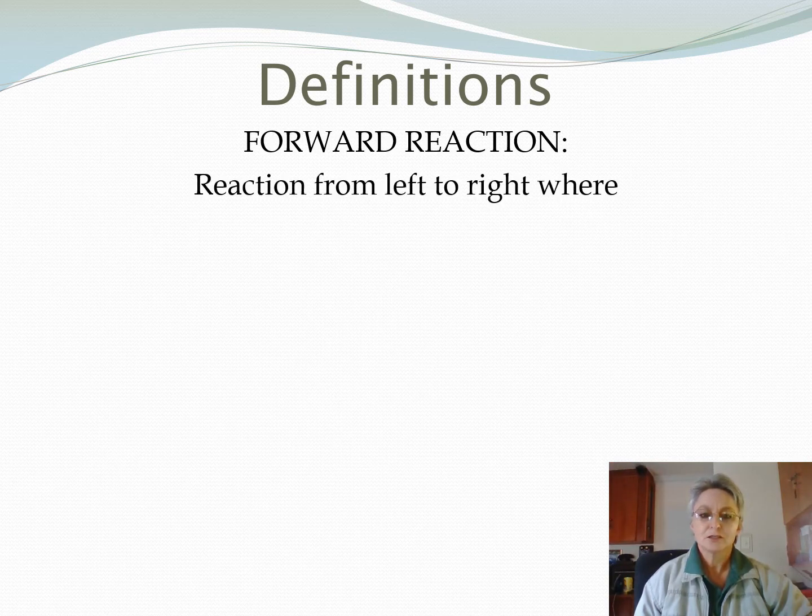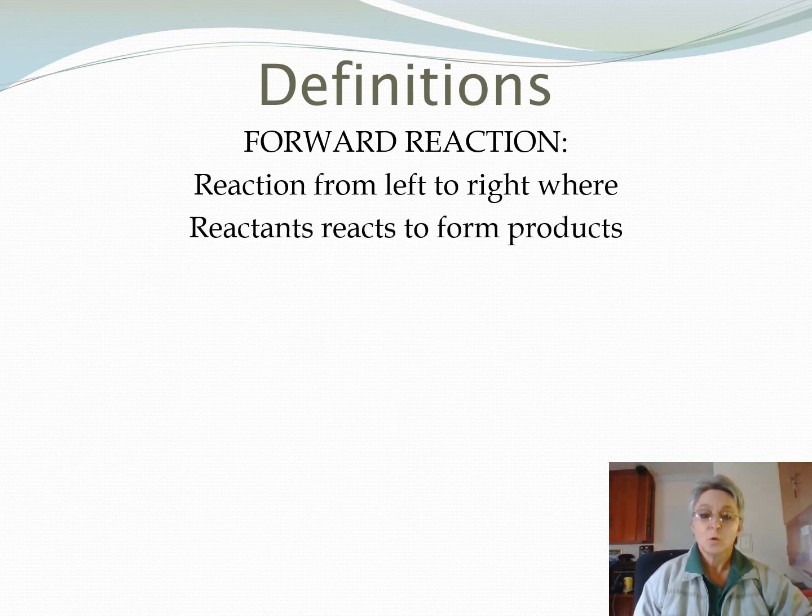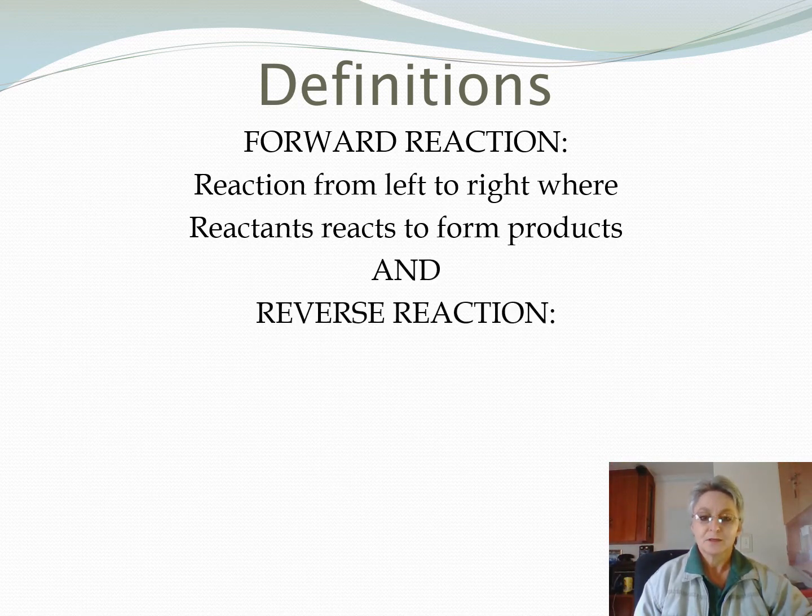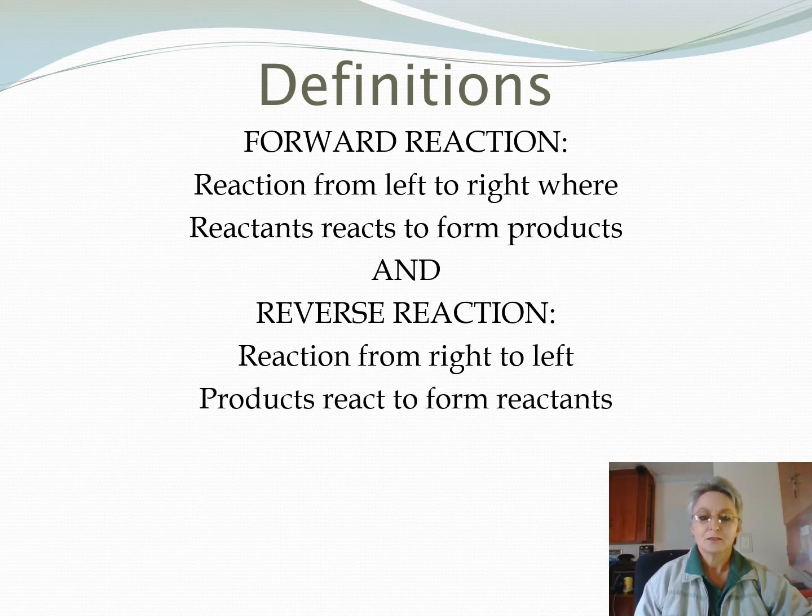The forward reaction is the reaction from the left to the right, where the reactants react to form products. And a reverse reaction is the reaction from the right to the left, where the products react to form the reactants again.